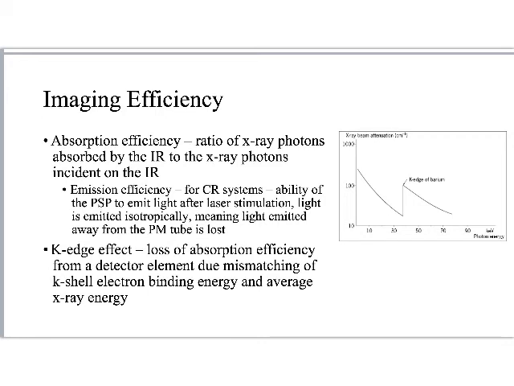It's emitted in all directions, and this can actually make us lose some information as we're sampling it with the photomultiplier tube. The fancy word for that is turbid, meaning that some of the light is going to go off in some other direction and not be sampled to the degree that it needs to be. So we would call that an emission inefficiency, right?